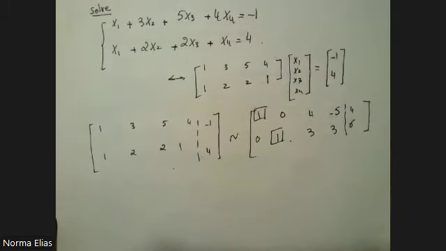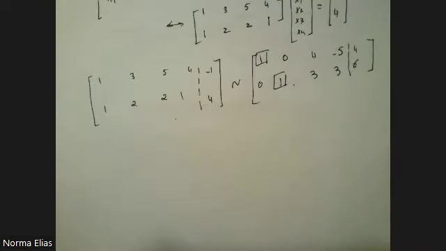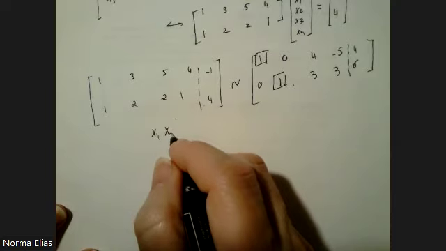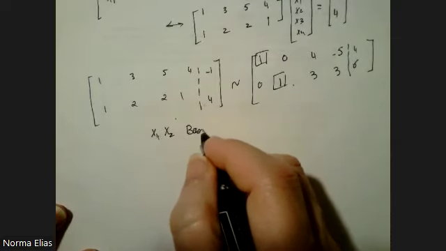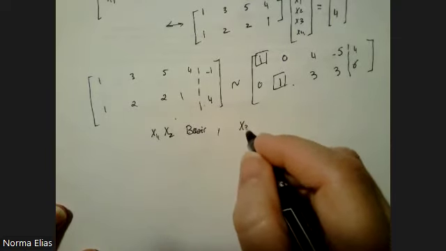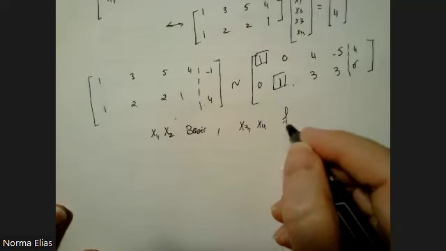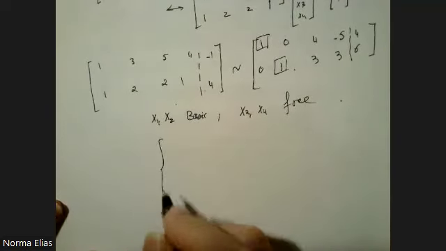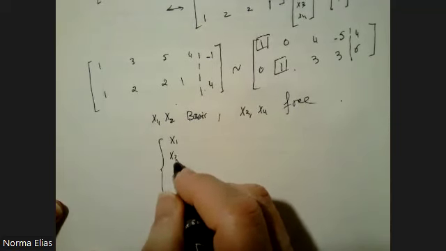All right, so now we're going to solve and write the solution. So x1 and x2 are basic, and x3, x4 are free. So now we are going to write the general solution.